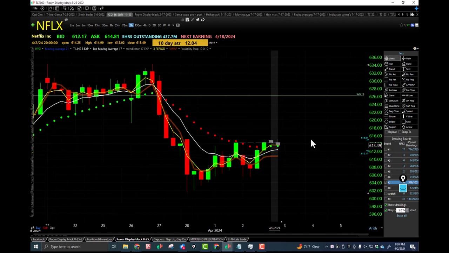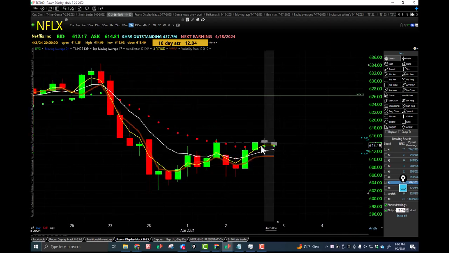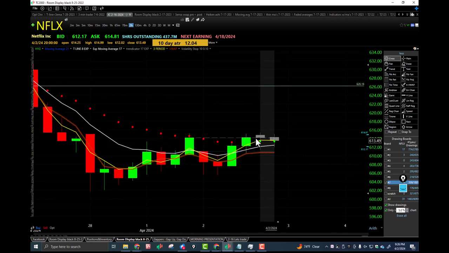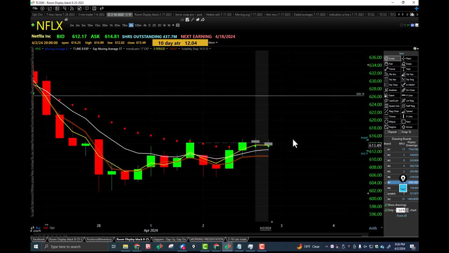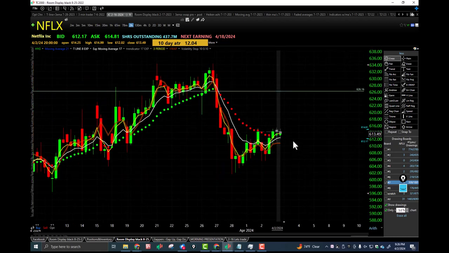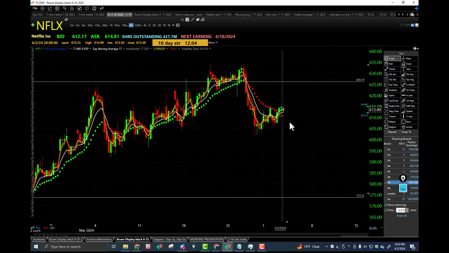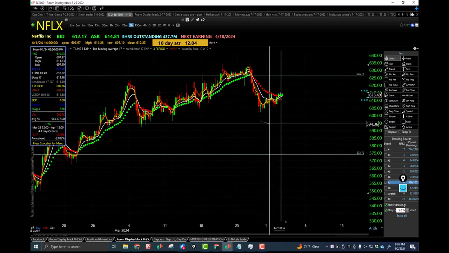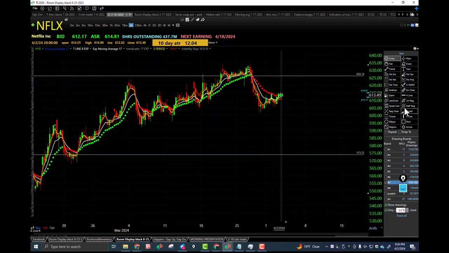On the 2-hour, you just had a 2-hour cross. It's important that they hold the ground right through here. And you get another little bit of support right here. Right in there. Maybe there.